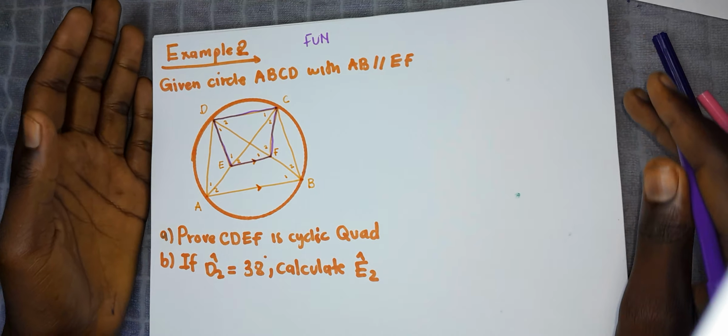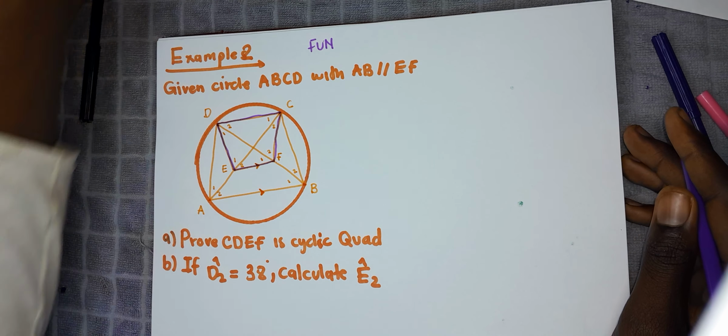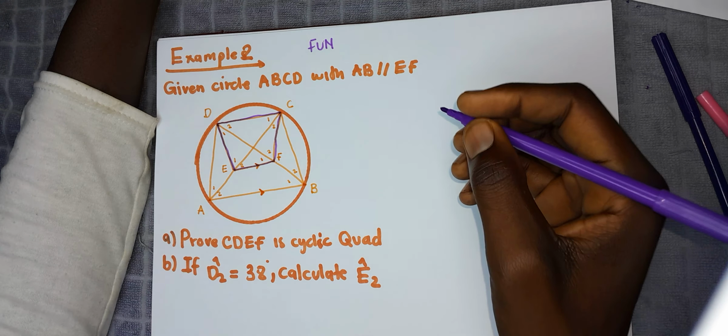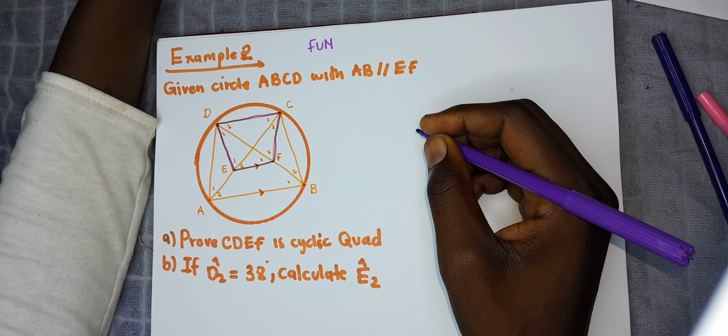To prove that this is a cyclic quadrilateral, remember, on our previous converse, the converse of theorem 4, we talked about proving that it's a cyclic quadrilateral when we see a butterfly.